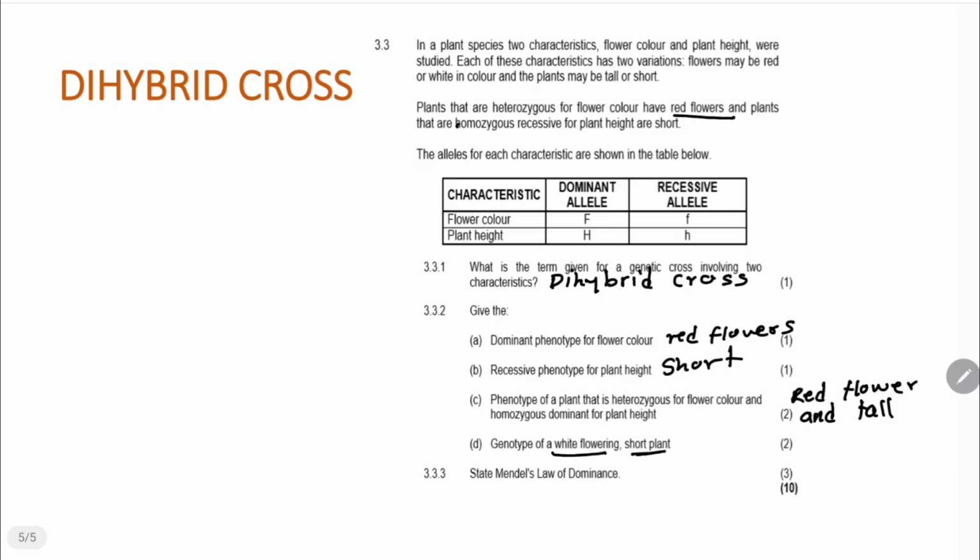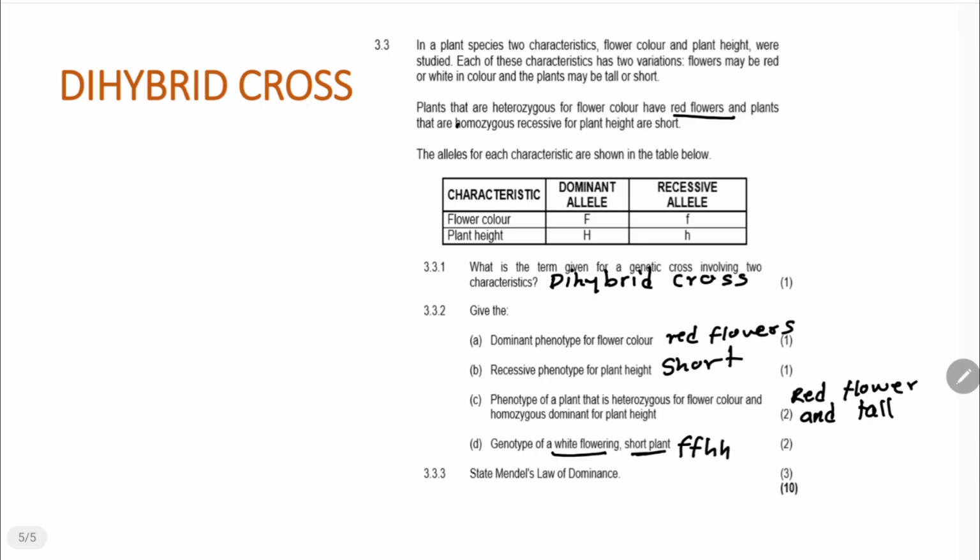And we know from this table that the recessive allele for flower color is represented by small letter f, so it will be 2 small letter f's. And for plant height, the recessive allele is small letter h. And since it is said to be short, the genotype will be small letter f, small letter f, small letter h, small letter h. That is the genotype. Right?